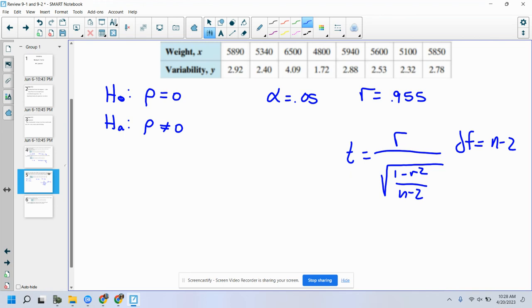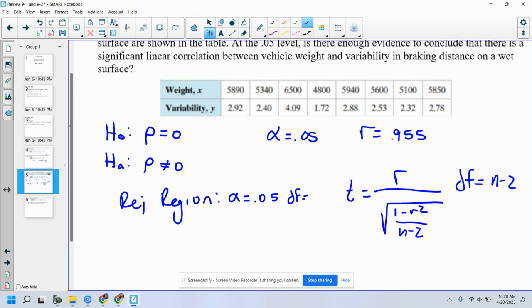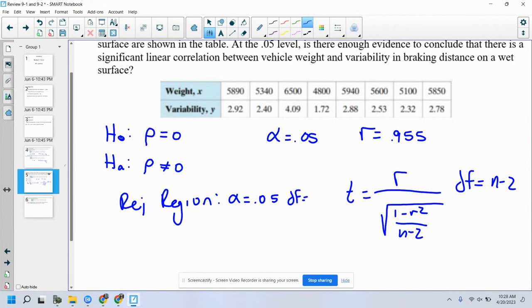Now, I guess it would be a good idea to do my rejection region real quick. For my rejection region, again, alpha is 0.05. And what is my degrees of freedom in this case? 6. Yeah, I've got 8 total as my n value, so 6. So I'm going to go to my t-table. Degrees of freedom 6 at the 0.05 level, and this is a two-tailed test, correct? Yes.